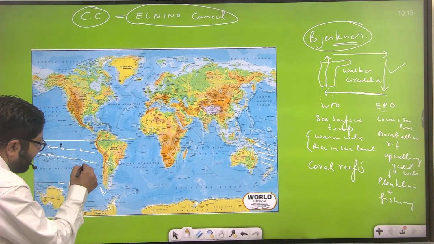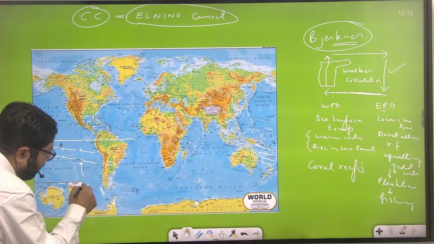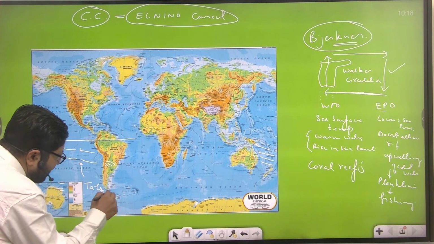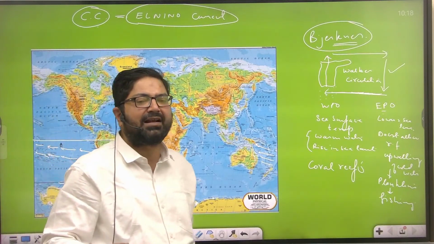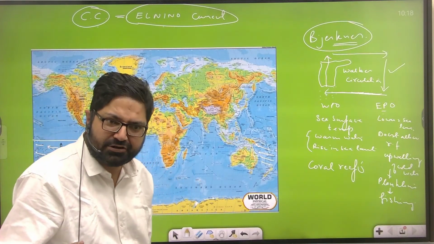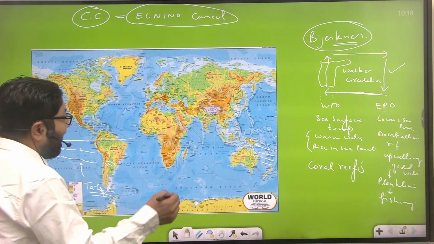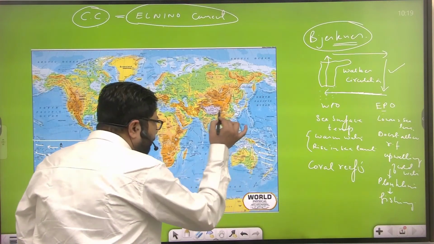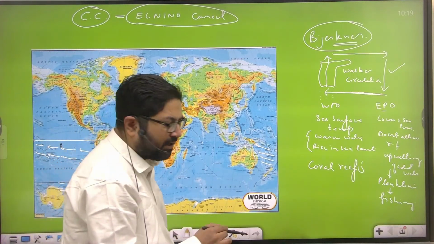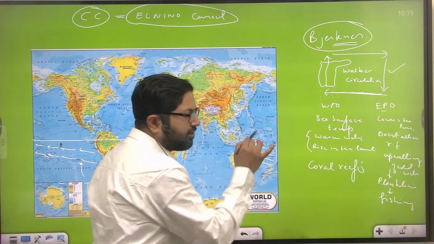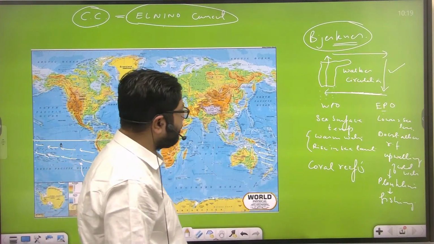A representative station, Tahiti, was taken to be the representative station of East Pacific Ocean, that would reveal the temperature and pressure of East Pacific Ocean. And Darwin, north of Australia, was taken to be the representative station of West Pacific Ocean, that would reveal the temperature and pressure of West Pacific Ocean.